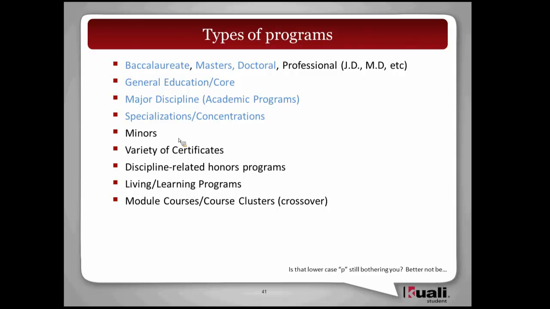Most of our campuses have some type of living-learning model programs, and they have different kinds of needs and tracking than a normal program does. And in some cases, we have modular and clustered courses, which, interestingly enough, if you abstract it out to the concept of programs, you could use some of the program-styled structures to support and manage some of these more complex, longer courses that go over time. So I just put that there as an example.